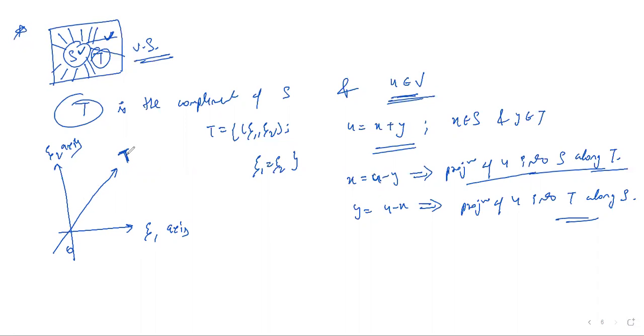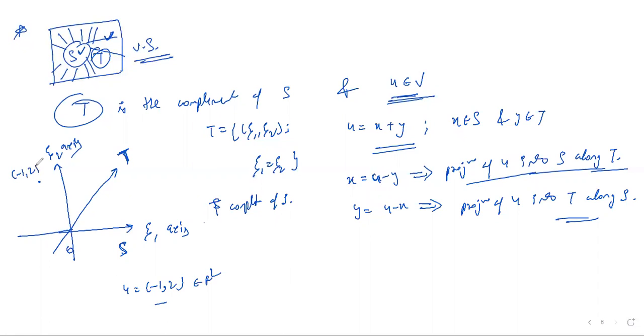Now this T is the complement of S, this is our S. If there is a vector u equal to minus 1 comma 2 which belongs to R square, where will this point minus 1 comma 2 be? It will be somewhere like this.